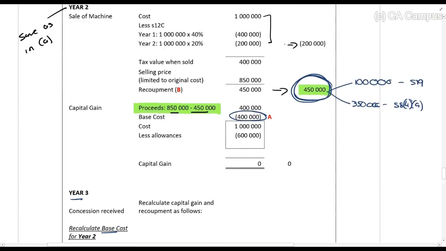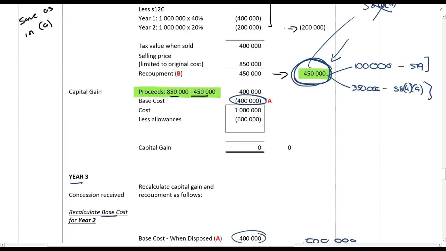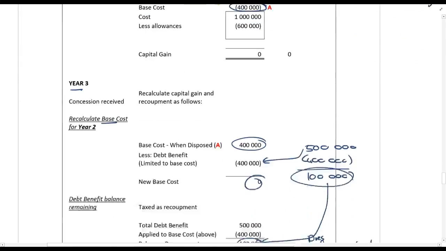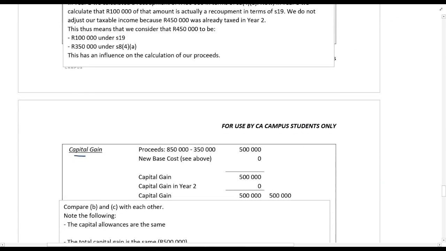So why is it important? Because in year 2, we believed that the 450,000 rands was all from section 8.4a. But now we revise and we say, no, 100,000 is section 19 and 350,000 is section 8.4a. So this is a retrospective adjustment. Why is that important? Because when we then recalculate our capital gain, only 350,000 rands of that forms proceeds. So look at the capital gain, 500,000 rands again. And that is correct. B and C, the capital gain must be the same.